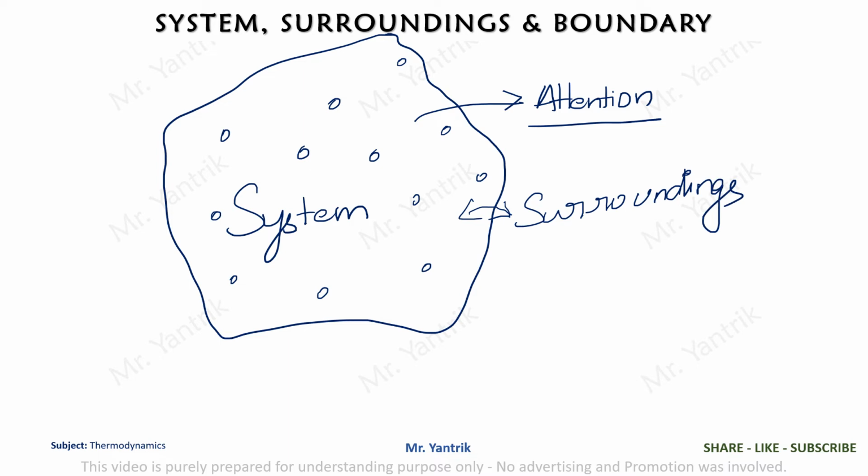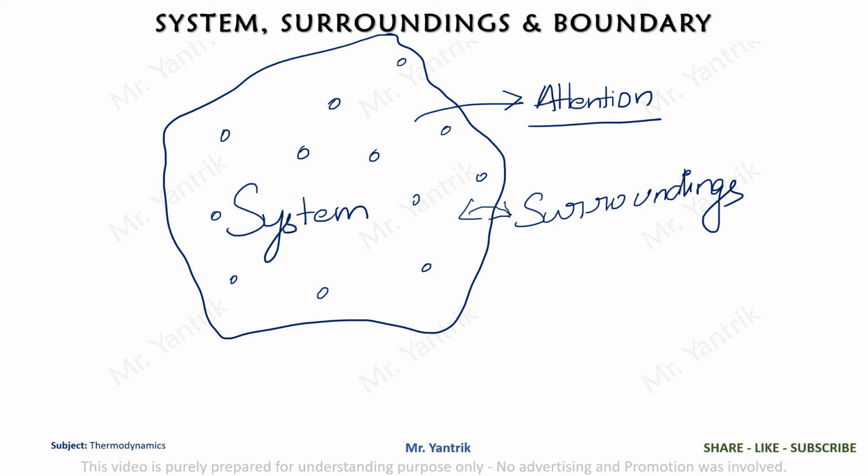The rest of the universe outside the system can be called surroundings. And the effect of the system can sometimes affect the surroundings, and the effect of the surroundings can sometimes affect the system, via a boundary.